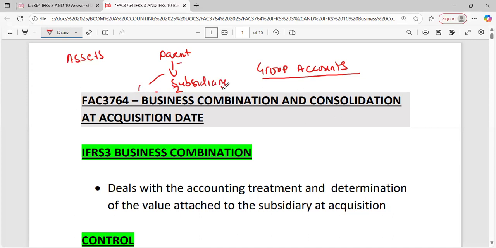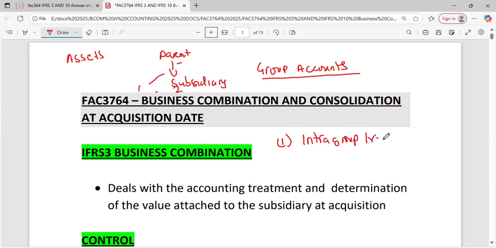But before we do that consolidation of a parent and its subsidiaries, there are consolidation rules that have to be followed. You will see as we go, there are consolidation rules like intra-group transactions. Intra-group transactions are going to be eliminated.